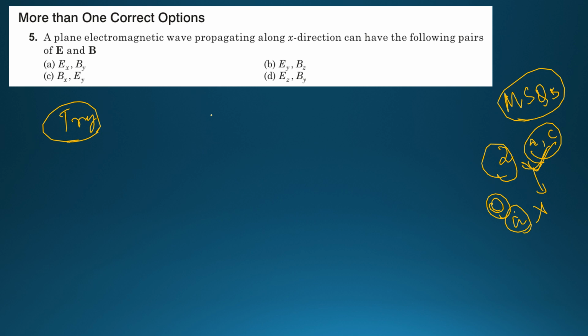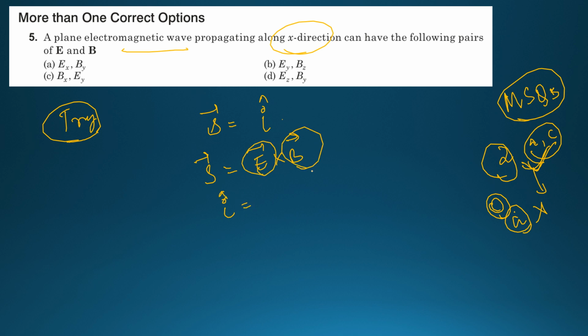S vector is given, the pointing vector of the whole electromagnetic wave, along the x direction, that is along i cap, and we know S vector is equal to E cross B. So how will I arrange your E and B so that I will get i? That is the question. So please try.